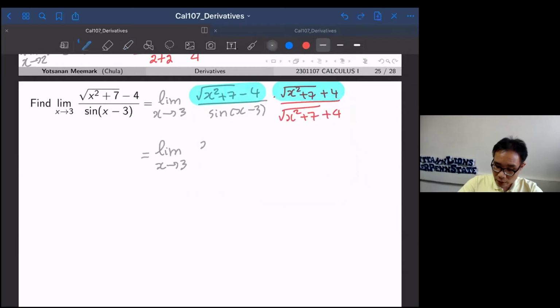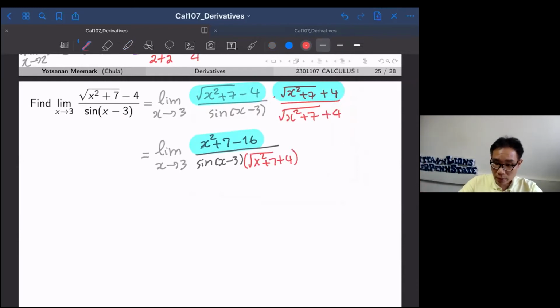So you would get x squared plus 7 minus 16 for the numerator, and on the denominator you get sin x minus 3 times the square root of x squared plus 7 plus 4.